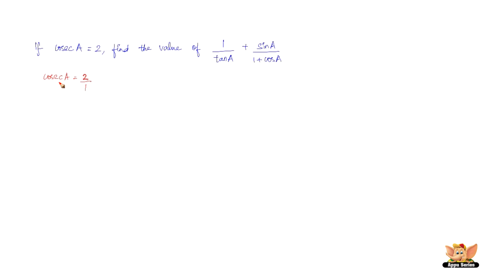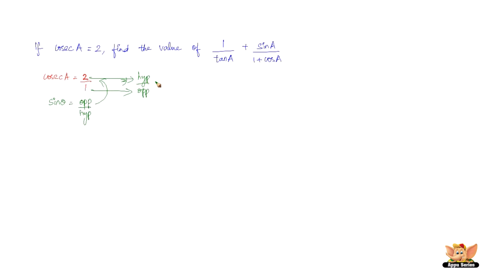Because cosecant is inverse of sine, and sine is, let's take sine theta, sine theta is nothing but opposite by hypotenuse. So cosecant is the inverse of sine. So this is going to be hypotenuse by opposite. So 2 is hypotenuse and 1 is opposite, right?